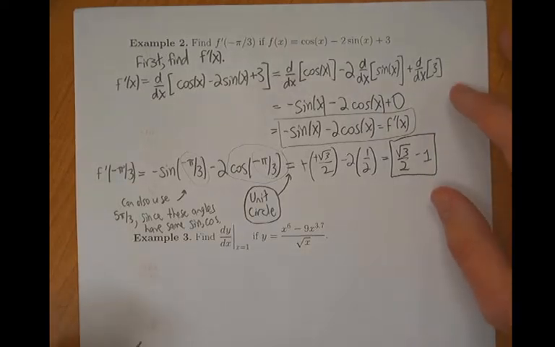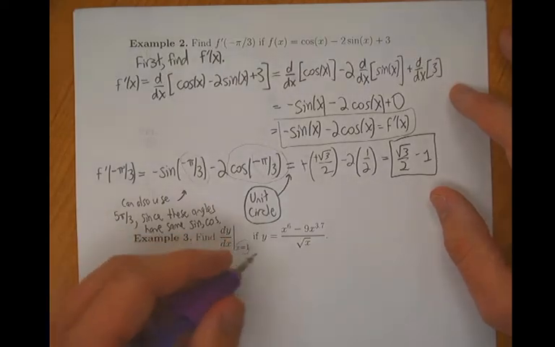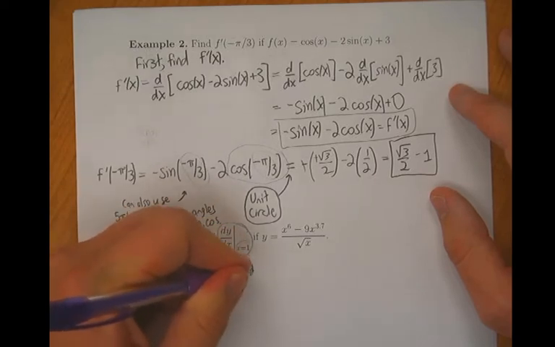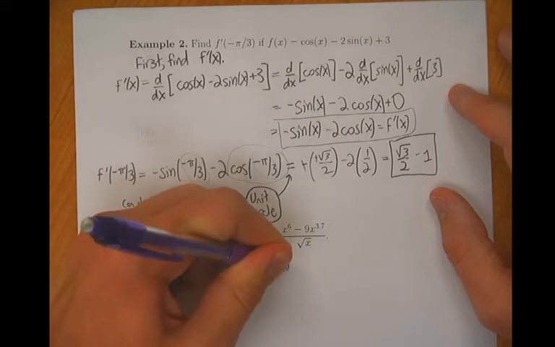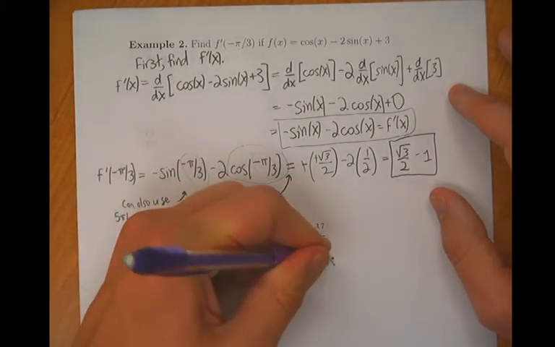So example 3 is now we have to find dy/dx, and then we have this vertical bar and an x equals 1 subscript. So what this means is that we have to find dy/dx evaluated at x equals 1.